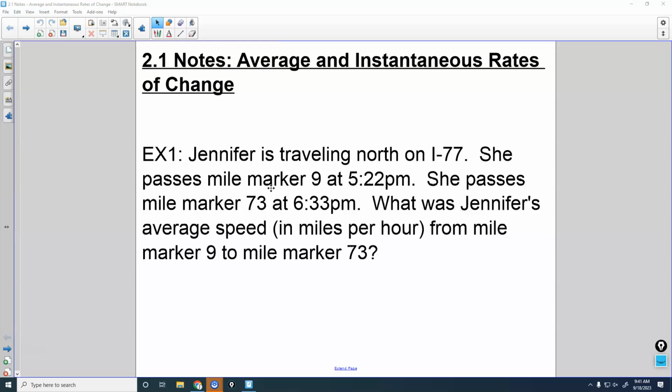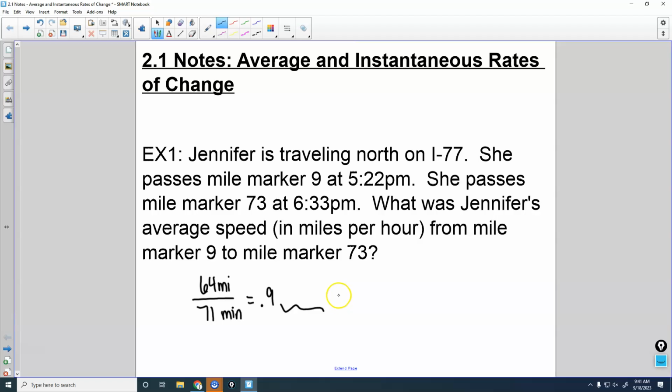Yeah. So, I have seen lots of different ways that you guys are figuring this out. You should get 54.0845 miles per hour. So, lots of different ways work. What Troy had was he said that you went 64 miles in 71 minutes. And if you divide that, you get 0.9 something.